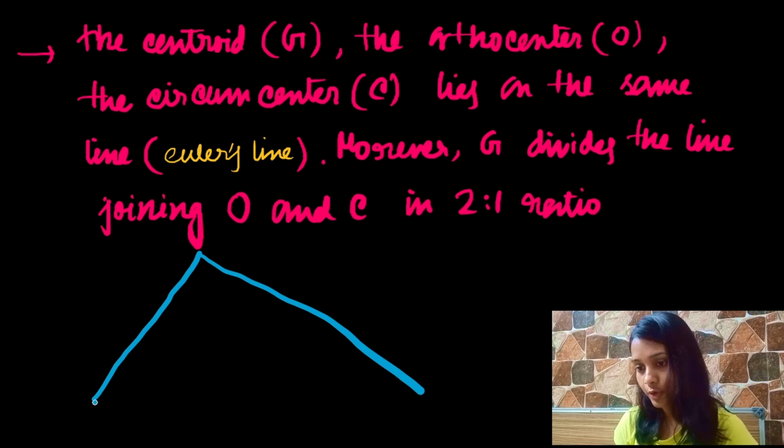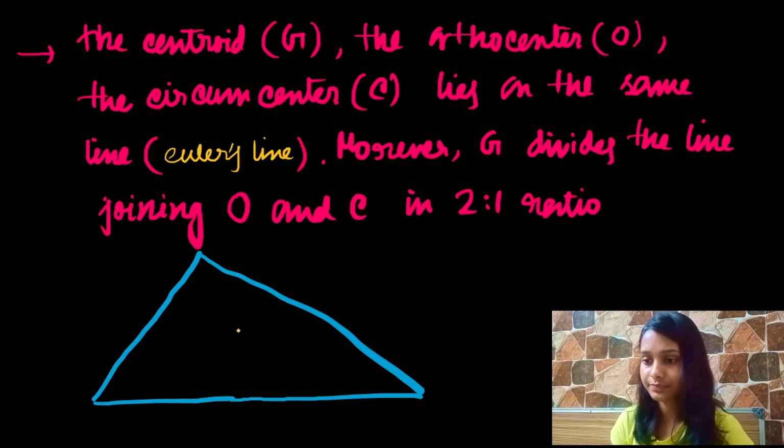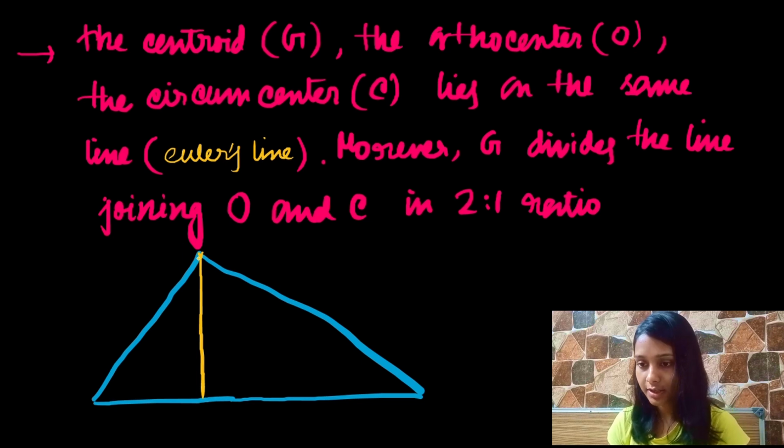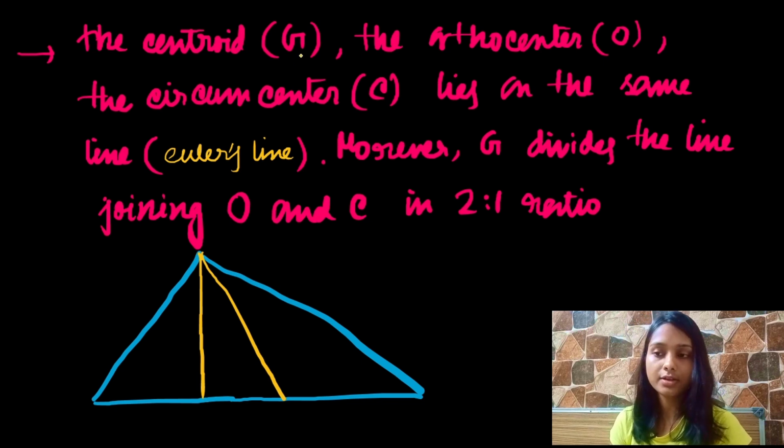So suppose we have a triangle like this here, and suppose if we draw the altitude, the orthocenter, which is the intersection of all the altitudes, will lie somewhere in this line, and if we draw a median, the centroid will lie somewhere in this line, and G divides the median into 2:1 ratio, so G will be somewhere here.